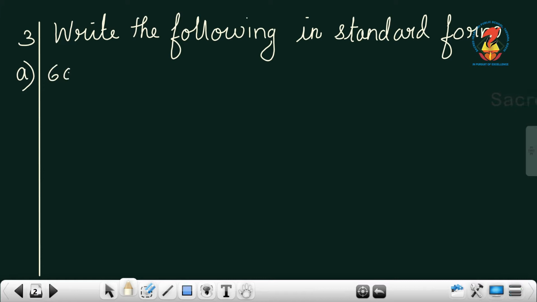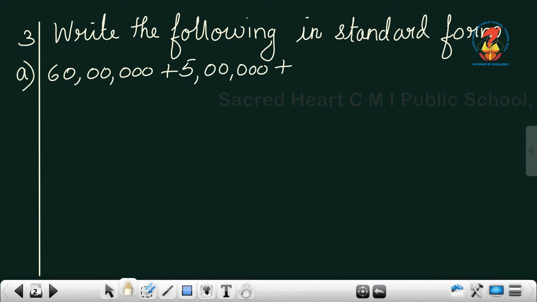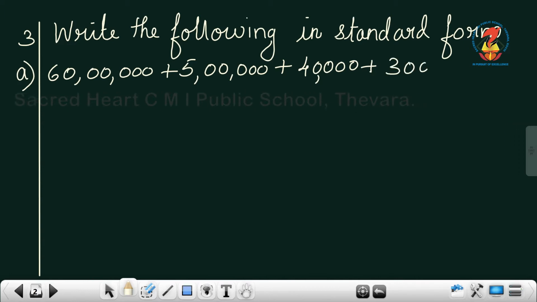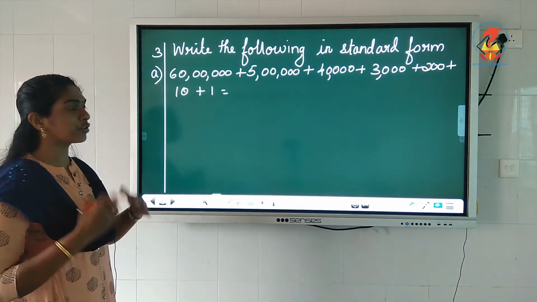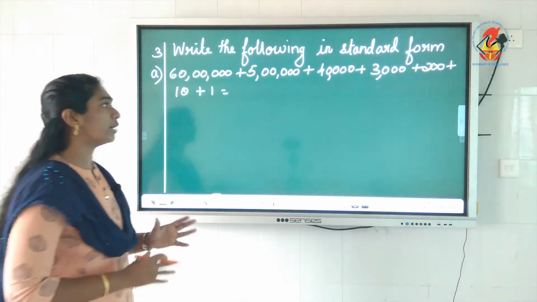First one, 60 lakhs plus 5 lakhs plus 40,000 plus 3,000 plus 200 plus 10 plus 1. Okay. So this is the expanded notation given to you. You have to write it in standard form, that is as a normal number.